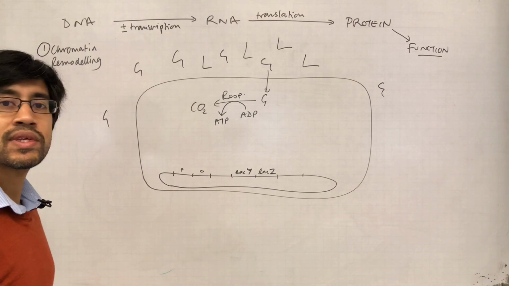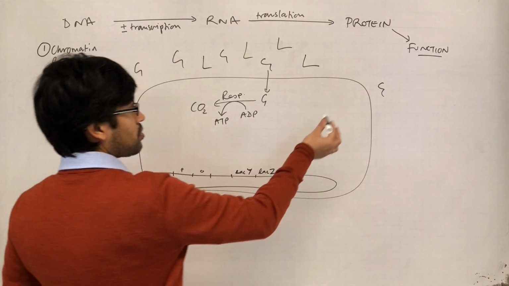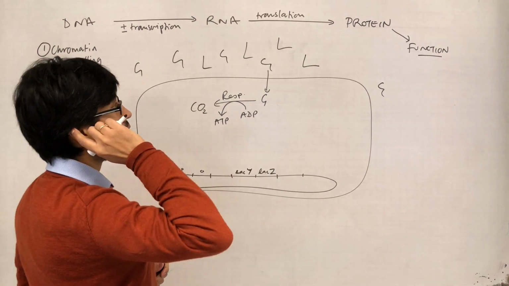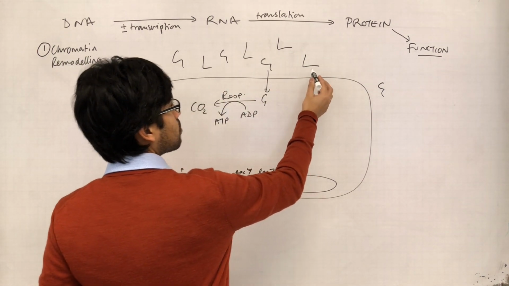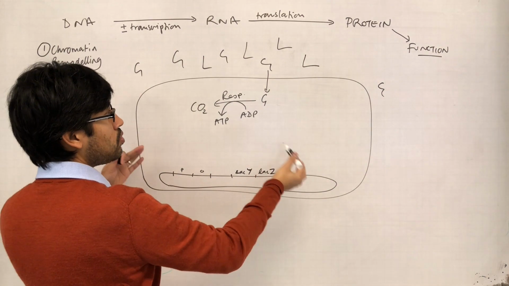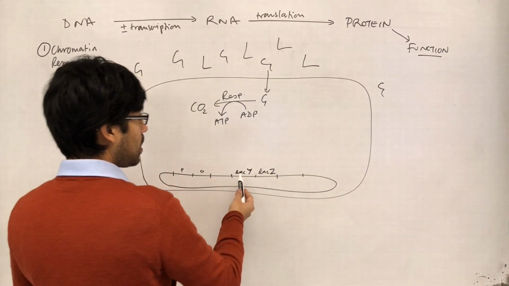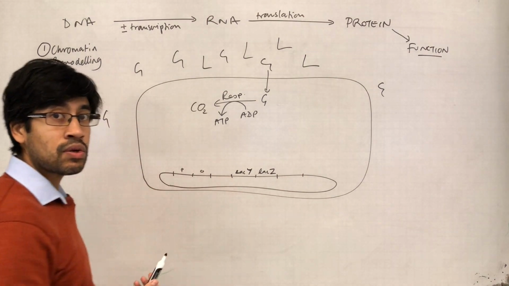Lactose is a disaccharide composed of glucose and galactose. So in order for the bacteria to use the lactose, they need to express additional genes.